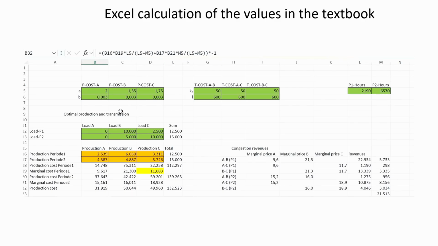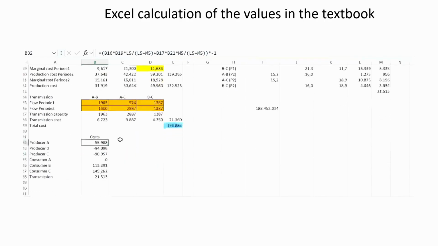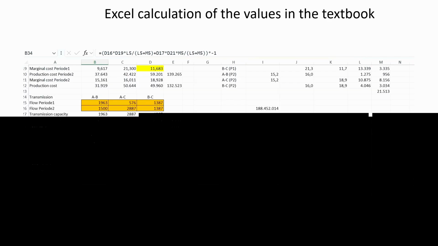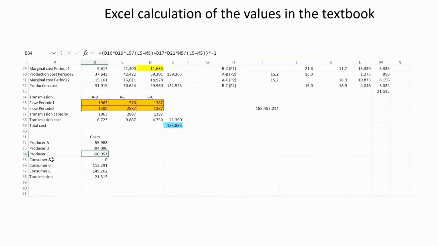So we get a value per hour, and this is both for period 1 and period 2, and we do the same for the producer B and the producer C, and then we calculate the cost for the consumers in A, B, and C, and the cost is the consumption multiplied with the marginal cost here.